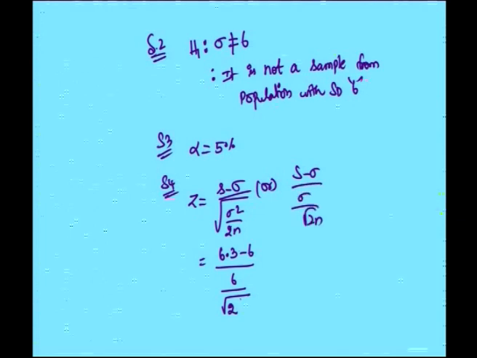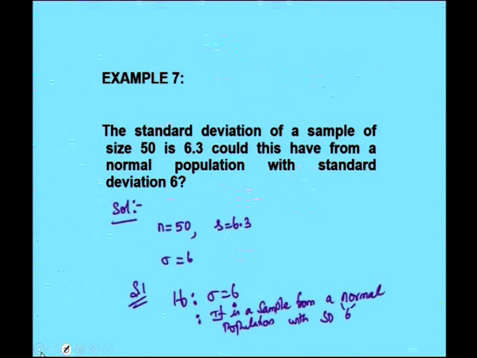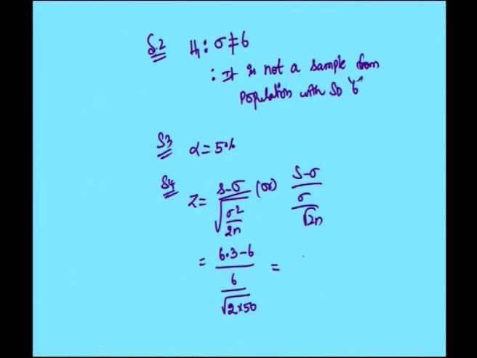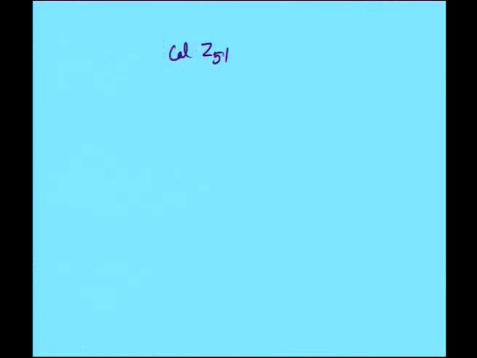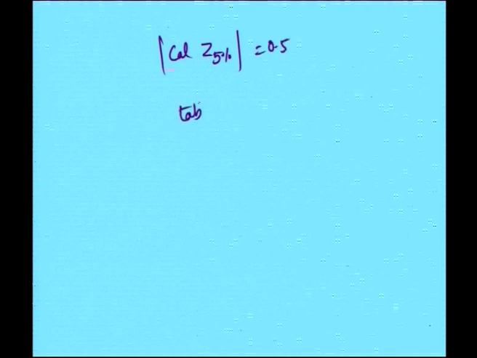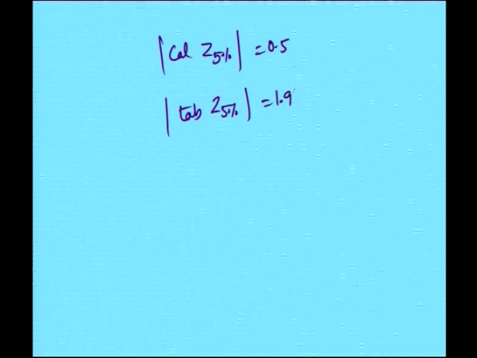So, 2 into n, where n is 50, and this value is 0.3 into 10 by 6. So, 3 by 6 is 0.5. So, Z is equal to 0.5. So, you have calculated Z at 5% as 0.5 and the tabulated Z at 5% from the tables is 1.96.